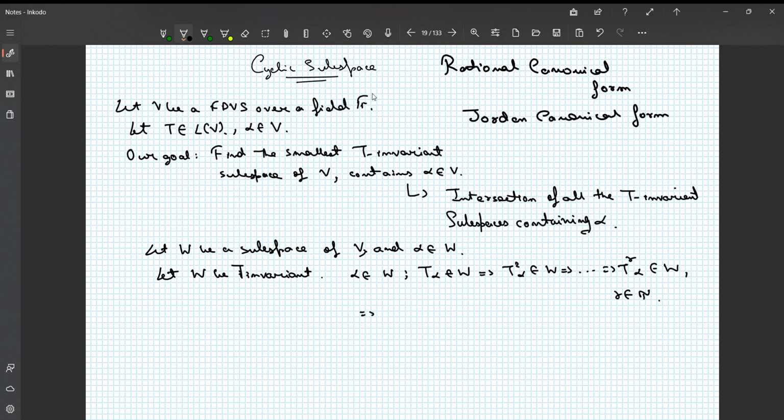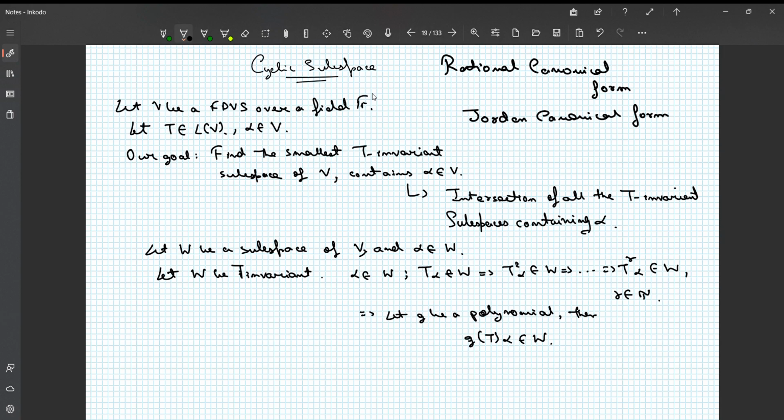That means if I choose any polynomial g from the underlying field, then if T alpha, T squared alpha, up to T to the power r alpha are all in W, we can take a linear combination of them, which will give us the form of a polynomial. Then g(T) of alpha is also an element of W. Is it clear?